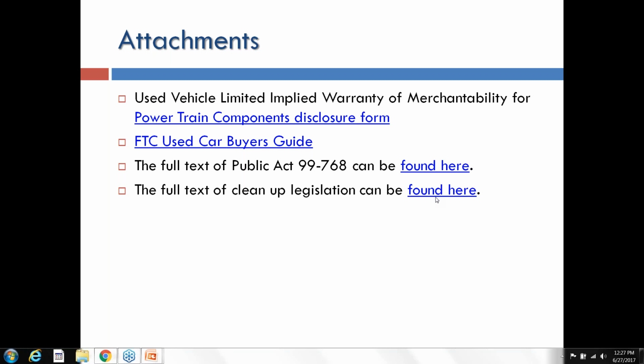So the question is, if you sell a vehicle for $3,000, and the customer comes back 5 days later and says it turns out it's going to cost $5,000 to repair the vehicle, can the consumer demand the repair be done if the dealer would prefer to refund the purchase price?